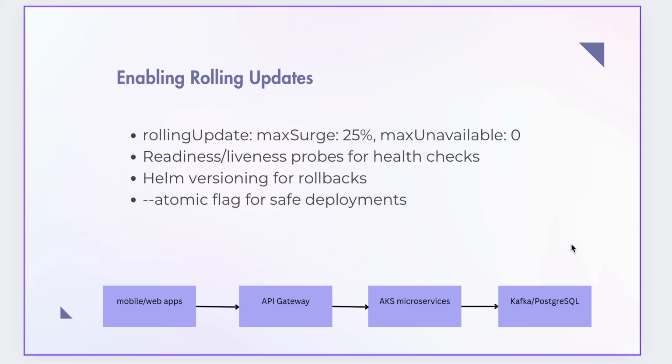Helm's versioning allowed us to track releases and roll back problematic updates using Helm rollback, minimizing risk. I used the atomic flag during deployments to automatically revert if any resource failed, ensuring safe updates.